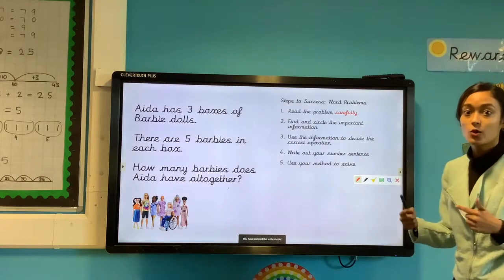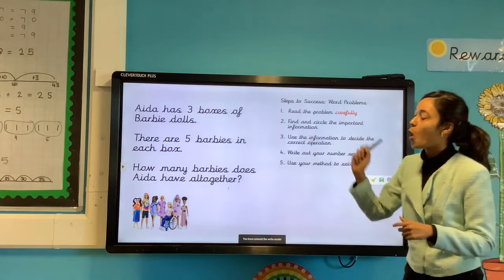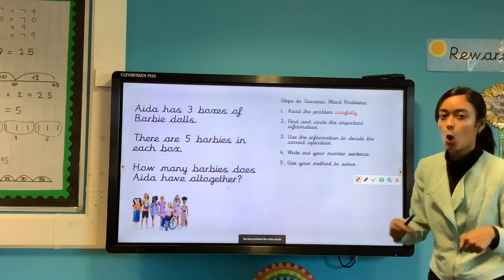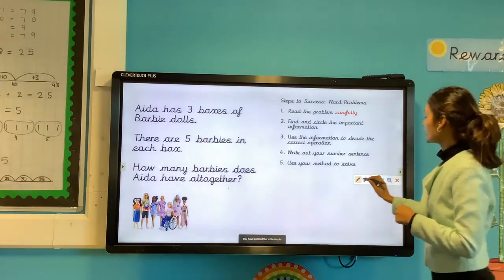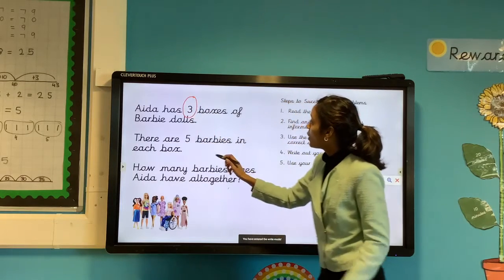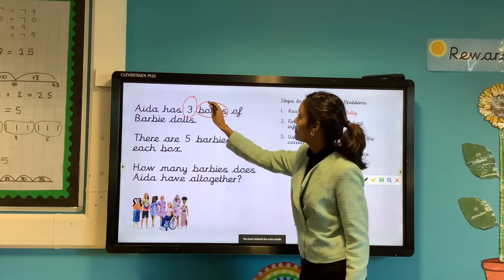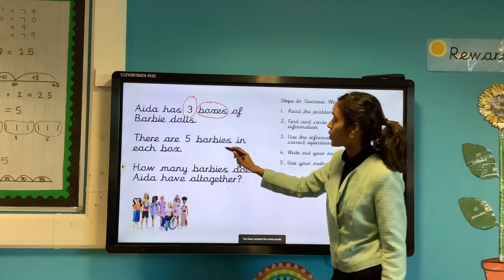Amazing, it's find and circle that important information and numbers, isn't it? So having a look, what numbers and words are you going to circle to help you solve this hidden number sentence? Okay, so I hope you circled 3. We've got boxes as well. So it's 3 boxes, but there are 5 Barbies in each box.